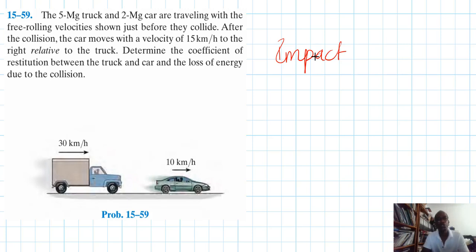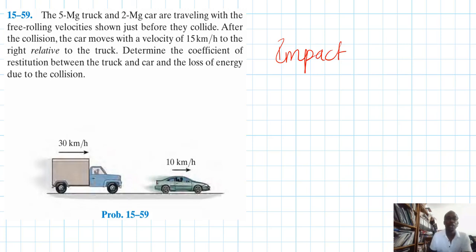An example is striking a nail with a hammer, or striking a golf ball with a golf club. That creates what is called impact loading.